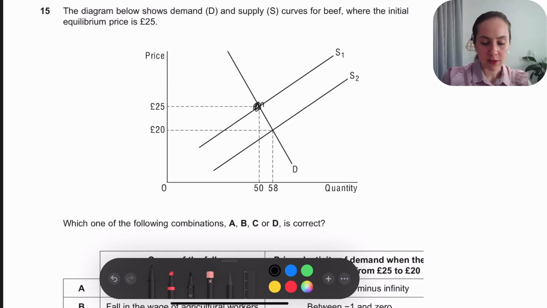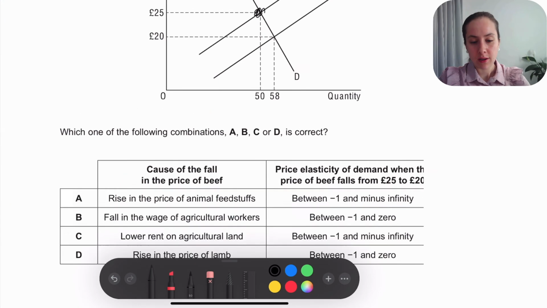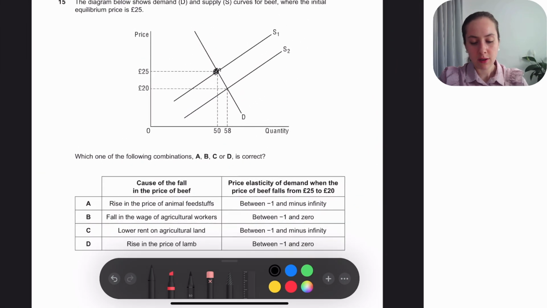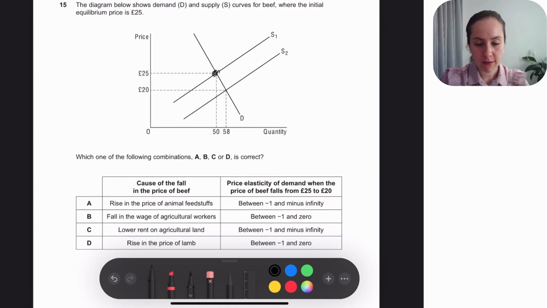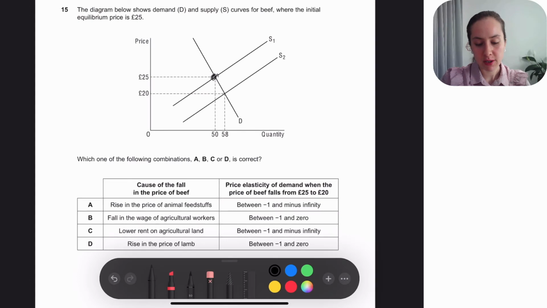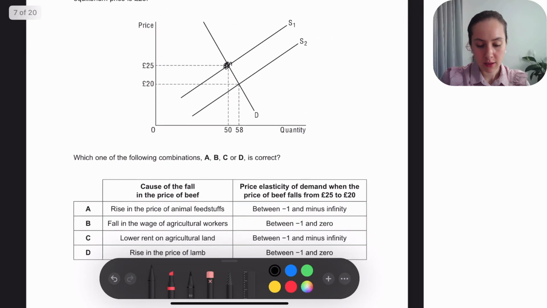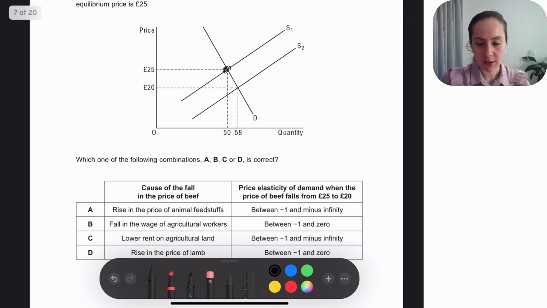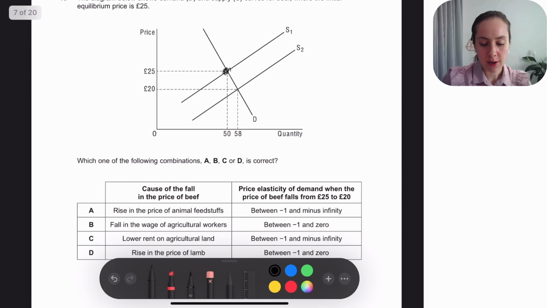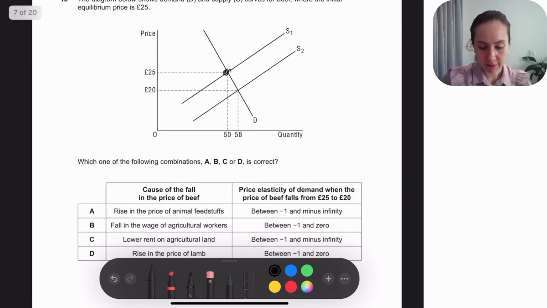Initial equilibrium is 25. And what do we need to do? Price of beef is falling. Yeah, it's falling because supply is increasing. So we need something that causes supply to increase, which is going to be lower average costs of making beef.